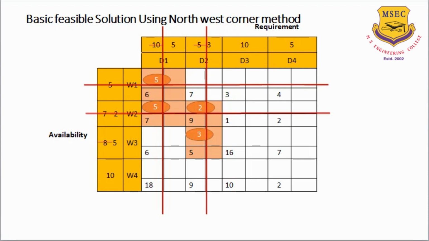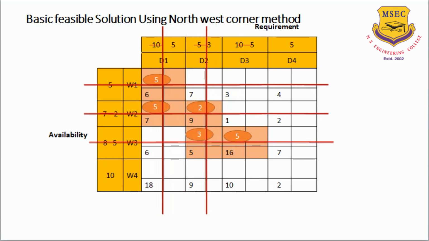The next northwest corner cell is W3 D3, where again we have an availability of 5 units and a requirement of 10 units. Therefore, we transport another 5 units from W3 to D3, and the availability at W3 is satisfied. Therefore, we cancel the W3 row and reduce the requirement at D3 to 5.